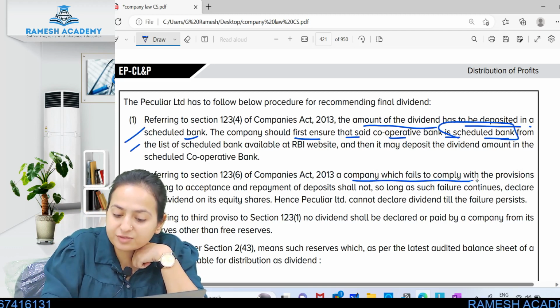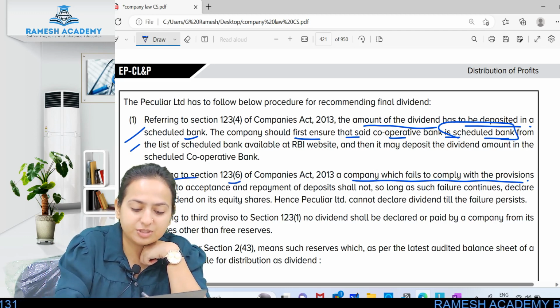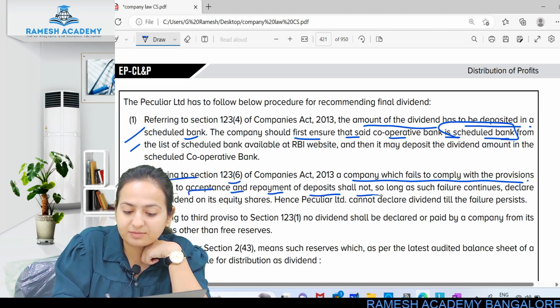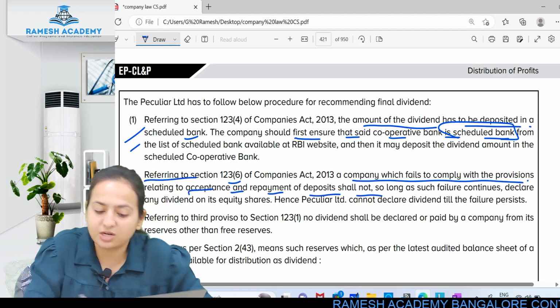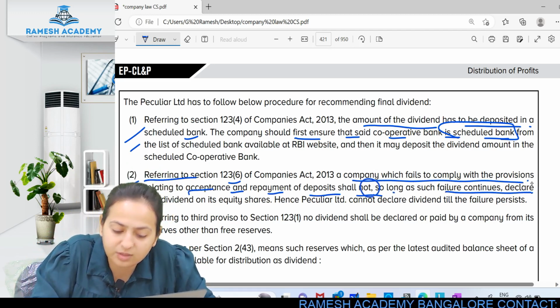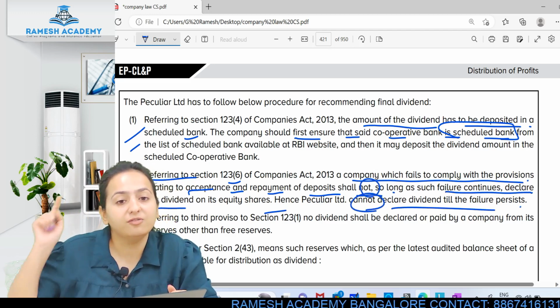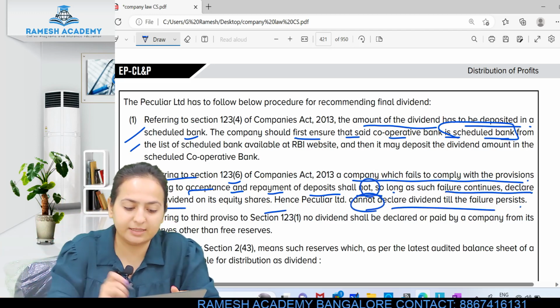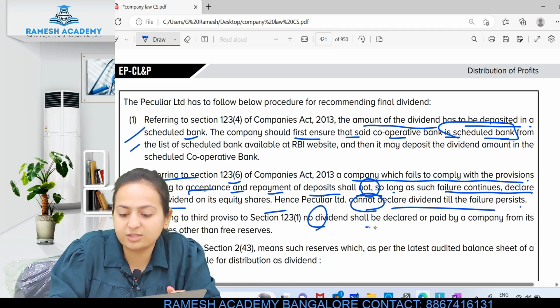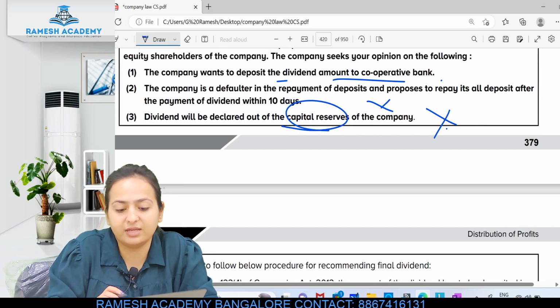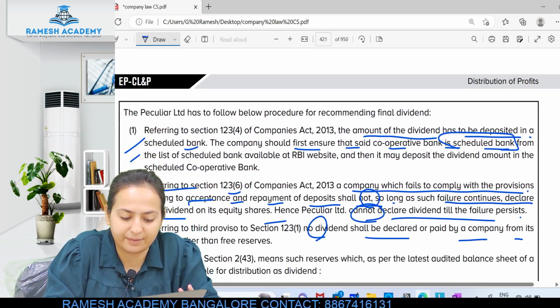Then, a company which fails to comply with the provisions of section 123 relating to acceptance and repayment of deposits shall not, unless the failure is remedied, declare any dividend. So, it cannot declare dividend till the failure in payment of the deposits continues. Then, no dividend shall be declared or paid by the company other than out of free reserves, because here it is capital reserve.